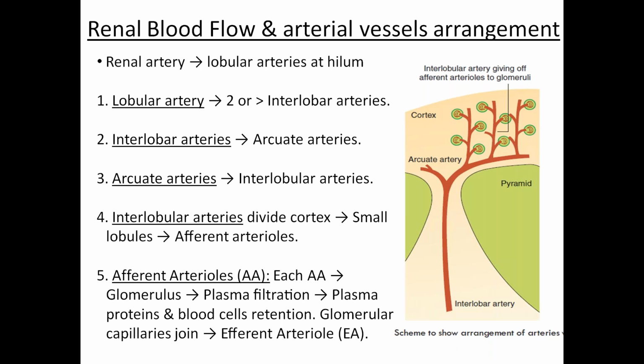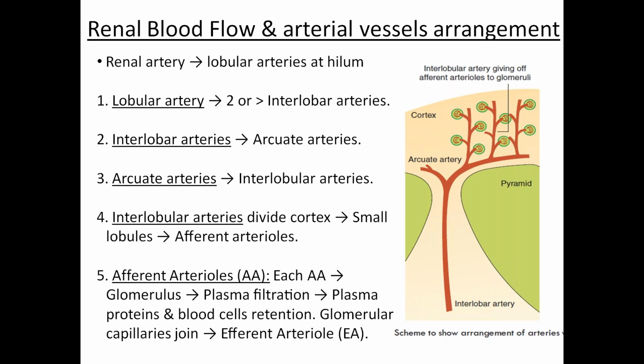It divides into number of lobular arteries at the hilum of kidney. Okay, so here, somewhere here would be your renal artery, which is a major branch from aorta, and it divides into lobular arteries.